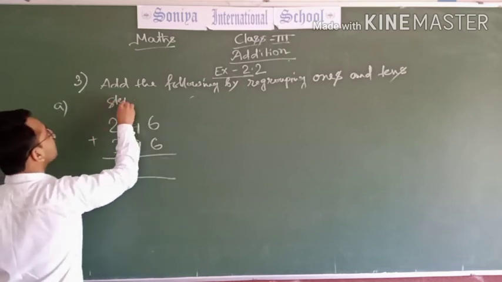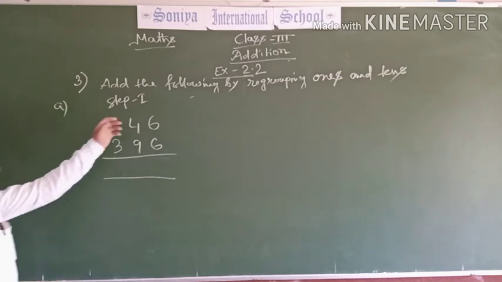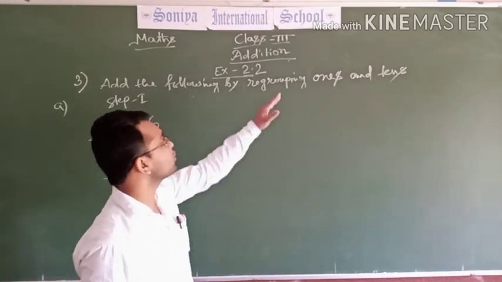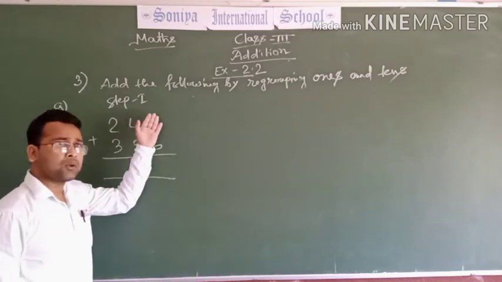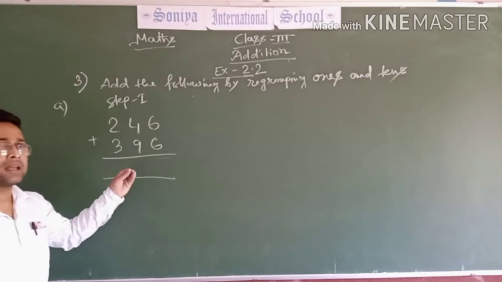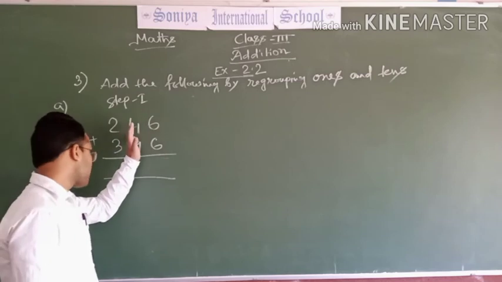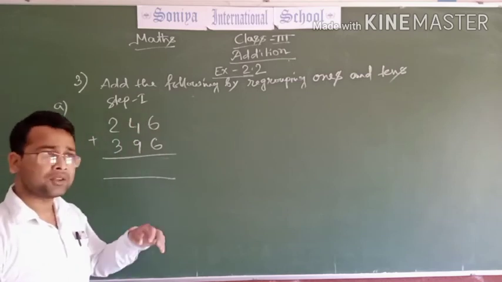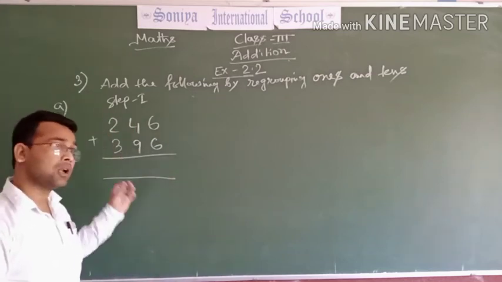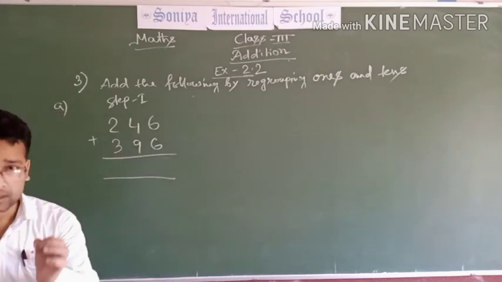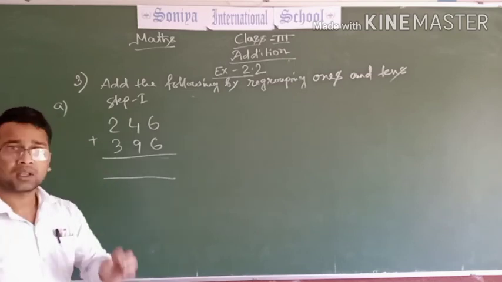Now first, step 1. In this way, by regrouping ones and tens, add the ones places, and if the result is greater than 9, carry forward to the tens places. In the next step, step 2, add the tens places, and if you again get a number greater than 9, a 2-digit number, carry forward to the hundreds place.